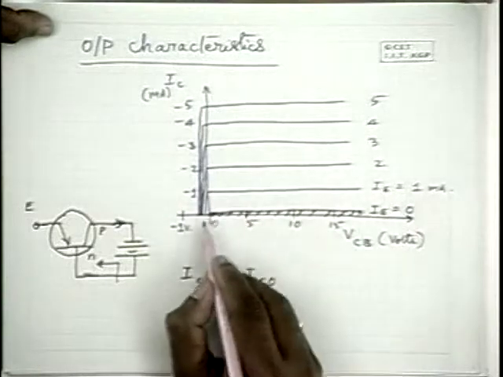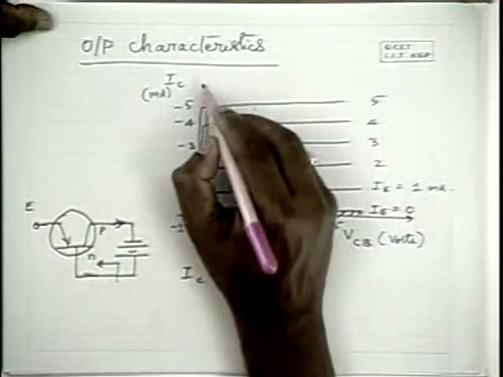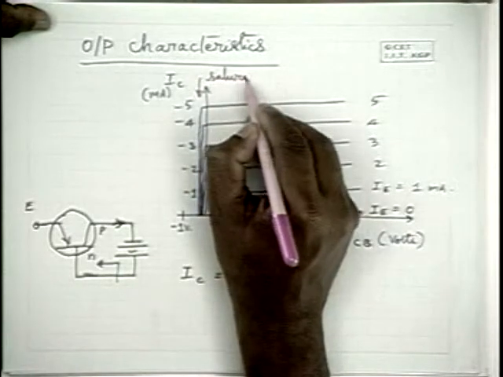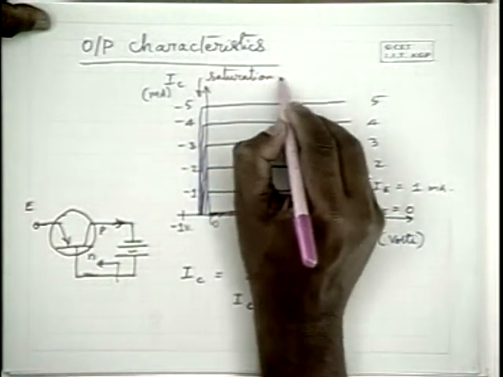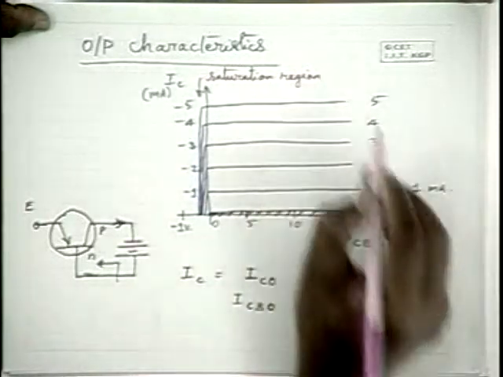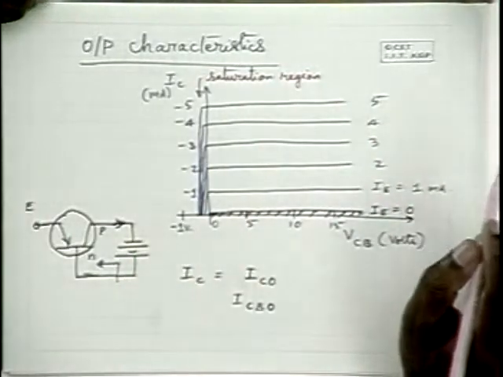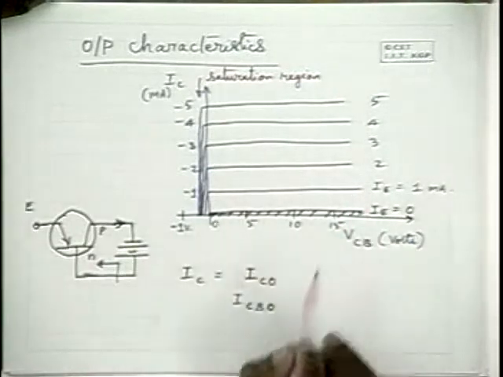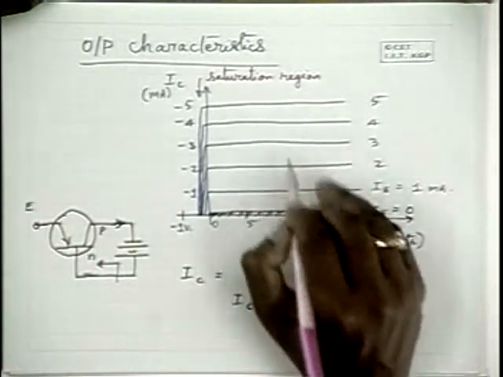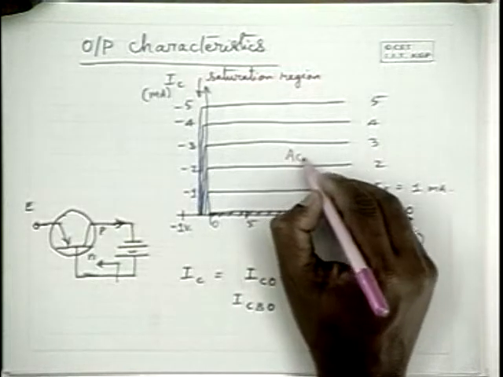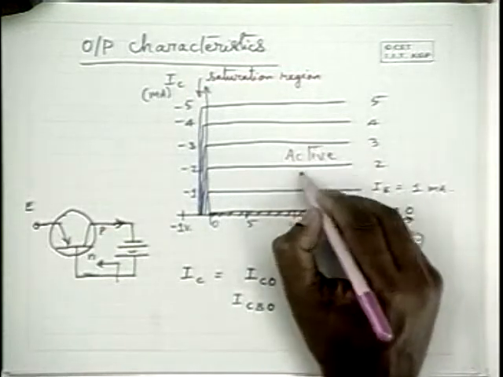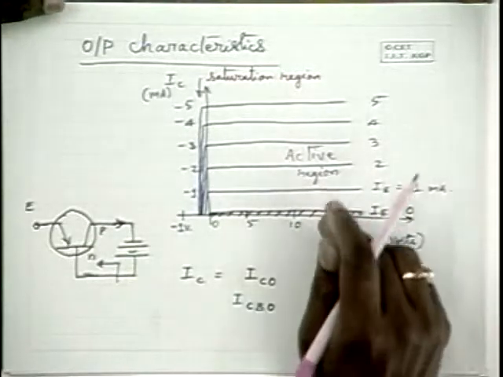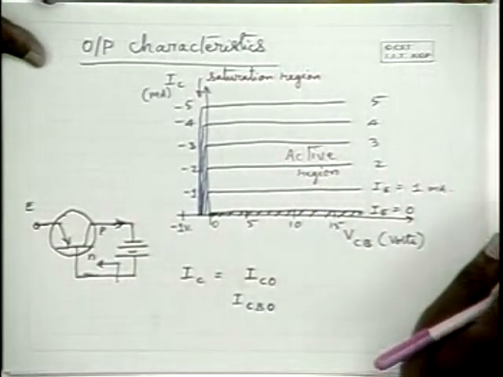And so below 0 volts is the saturation region. That means when VCB is negative, it is a saturation region. For VCB greater than 0 and for IE greater than 0, it is the active region. I repeat, we can use the transistor as an amplifier in this region.